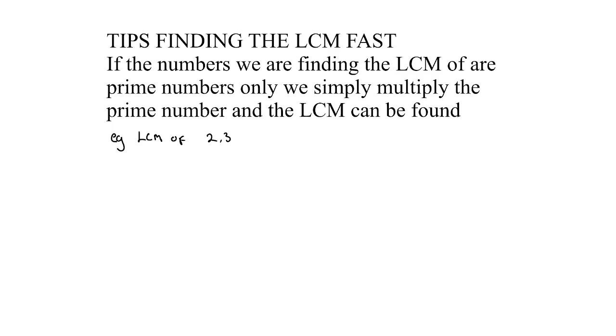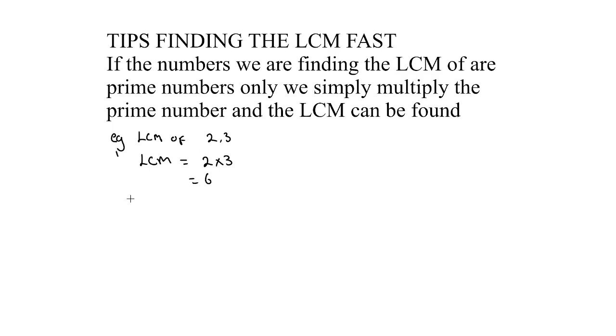So the only numbers that could go into 2 are 1 and 2, and the only numbers that could go into 3 are 1 and 3. Because these two are both prime numbers, the LCM would be equal to 2 multiplied by 3, which would be equal to 6.